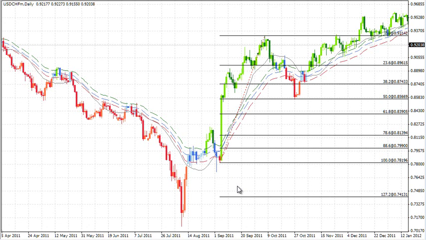But for those of you that have been doing this for a little bit of time, use that 23.6% shallow correction guideline to keep you from, say, using this low here. I don't think that's a valid high to low, using this low to say this high. Okay, bounce off the 50%. And by the way, once it went above this level here, no longer valid.